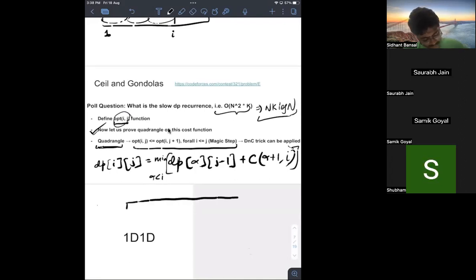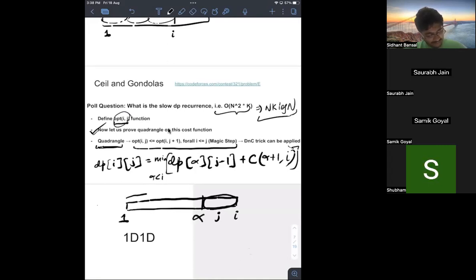What we're trying to say is, let's say these are the first i people. So if the ith person belongs to the jth gondola, maybe that gondola is of size this much, then the last person that was not on the jth gondola, let that guy be alpha.